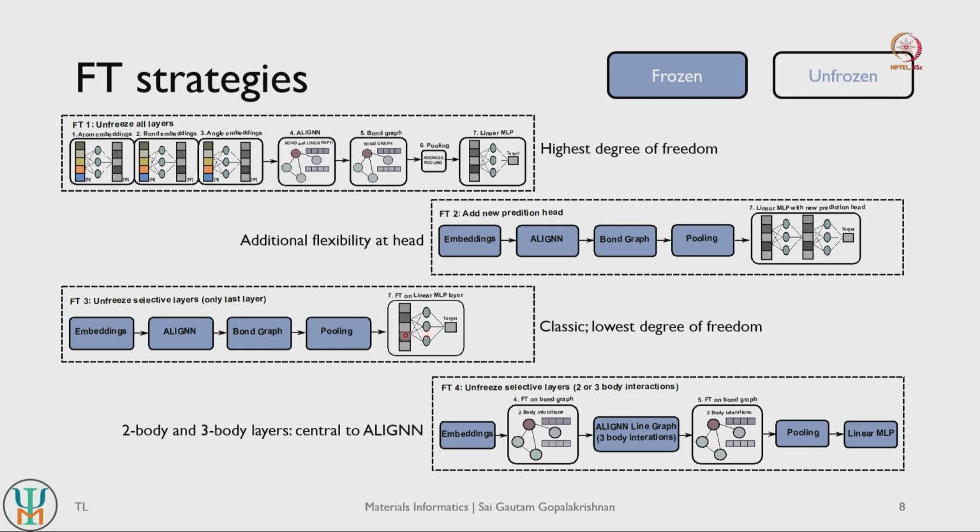You have a deep neural network, let's say a graph neural network here, with different convolutional layers and so on, but you only replace or fine tune or unfreeze your final prediction head. You have generated your embeddings here, and you only unfreeze the weights and biases in your MLP that gives you your final target.